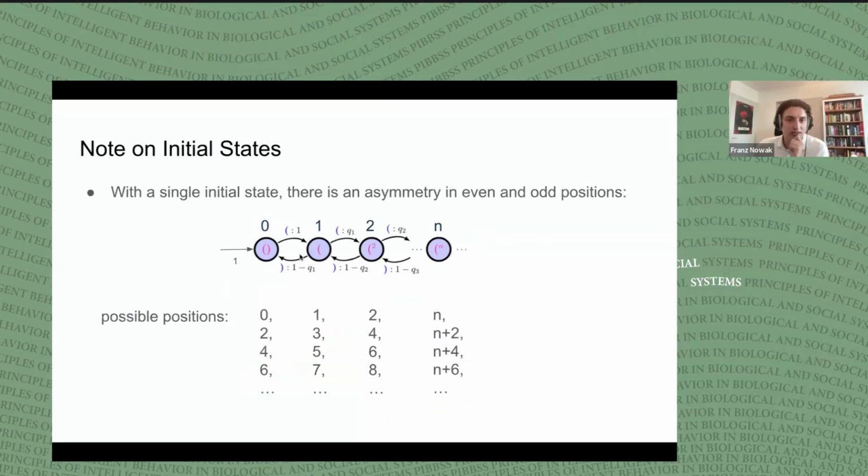And so what this means is that we can only reach a fully closed state in positions 0, 2, 4, and 6, because we go from fully closed to open, and then we can go back to fully closed, or we go open, open, close, close. This is always an even number of symbols. So the only positions that see state 0 are even positions. And then similarly, the only states that can be odd are in odd positions.